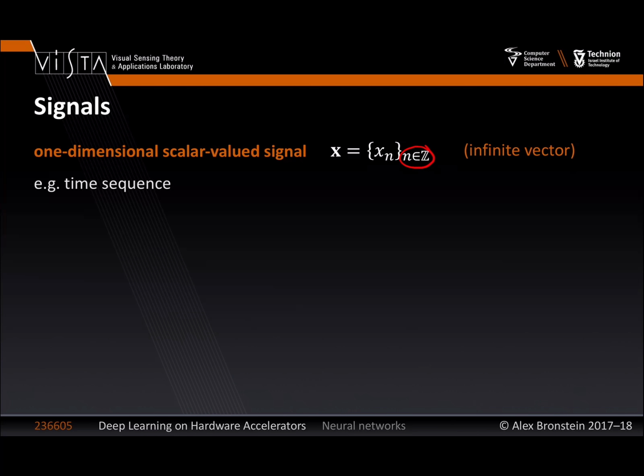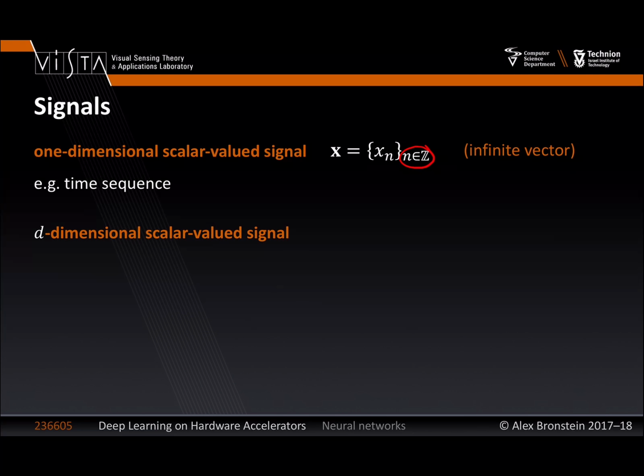We can think of some time series, time sequence. Let's say an audio signal. Of course, we are talking about the discrete domain, so the time is sampled. An audio signal is just a sequence of sampled values of some pressure wave that we are measuring by a microphone, right? So this is a one-dimensional scalar valued signal.